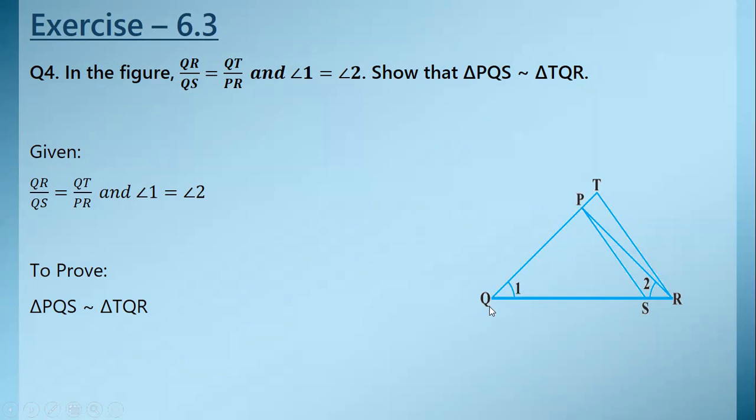PQ we don't have, QS we have in the given. And angle 2, inclusive sides PR and QR, both the sides are there. Okay, but one more what we don't have is QS and QT is given to us. We need QP.